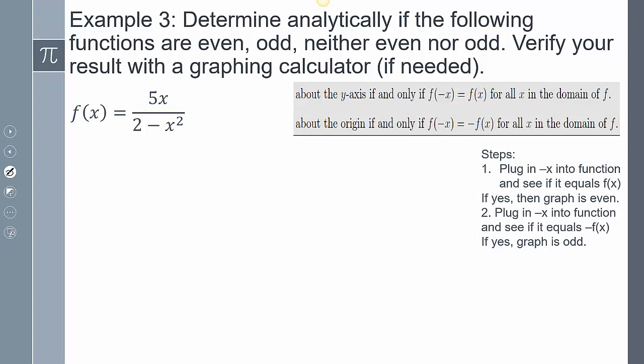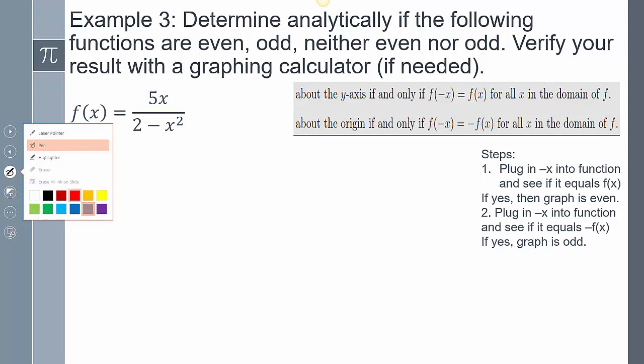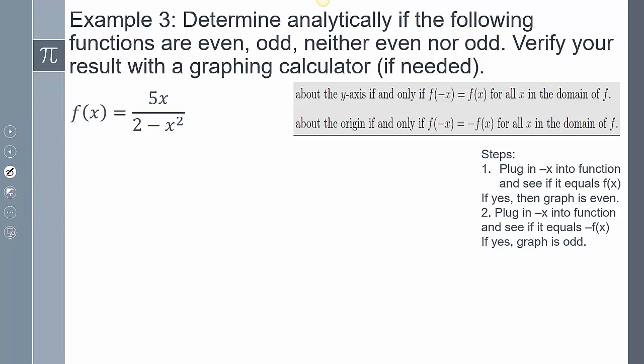Example number 3. Let's determine if this is going to be even or odd. So for this one here, if I enter it into my function, does f of negative x, does that equal f of x? And so entering that in here, I'm going to get 5 times negative x over 2 minus negative x squared.